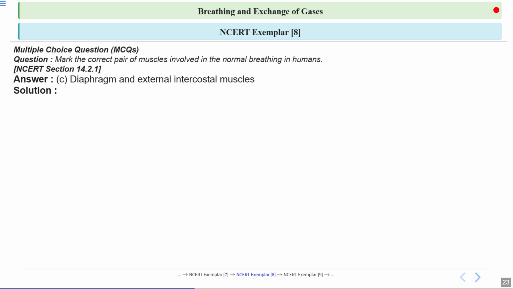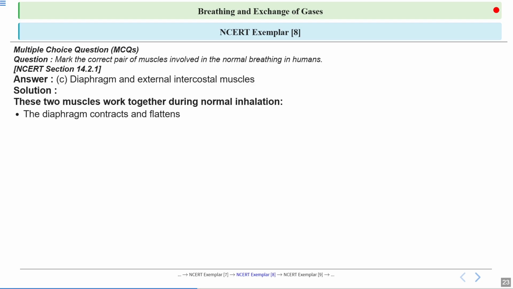Just now in one of the previous questions, we have seen this. These two muscles work together during normal inhalation, meaning inspiration. When you inhale, when you take oxygen inside your lung, the diaphragm contracts and flattens. The muscles that are attached to the diaphragm get contracted and bring the dome shaped diaphragm back to the flattened form.